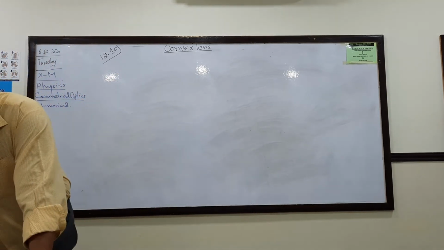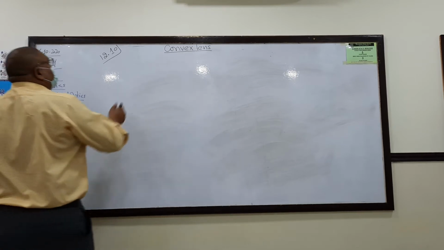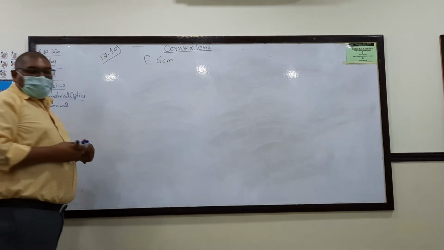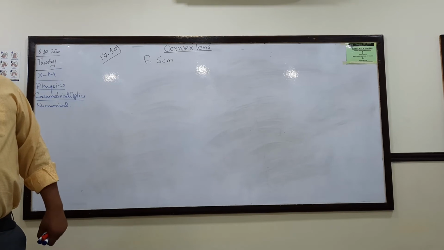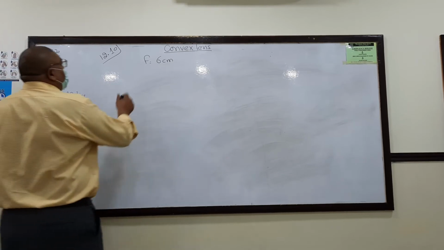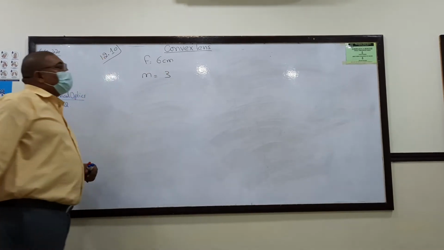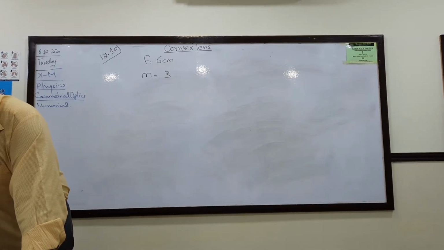A convex lens of focal length 6 cm is to be used to form a virtual image 3 times the size of the object. The focal length is how much? 6 centimeter. The linear magnification is 3 times. Where must the lens be placed?